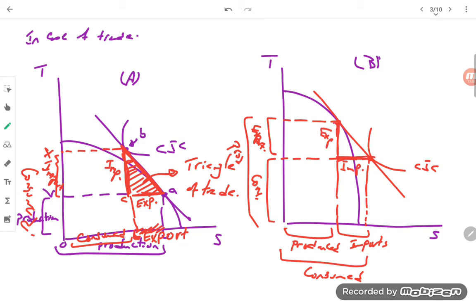So the area of this triangle will be the triangle of trade. So what are the main differences between classical trade theory and the Heckscher-Ohlin model?